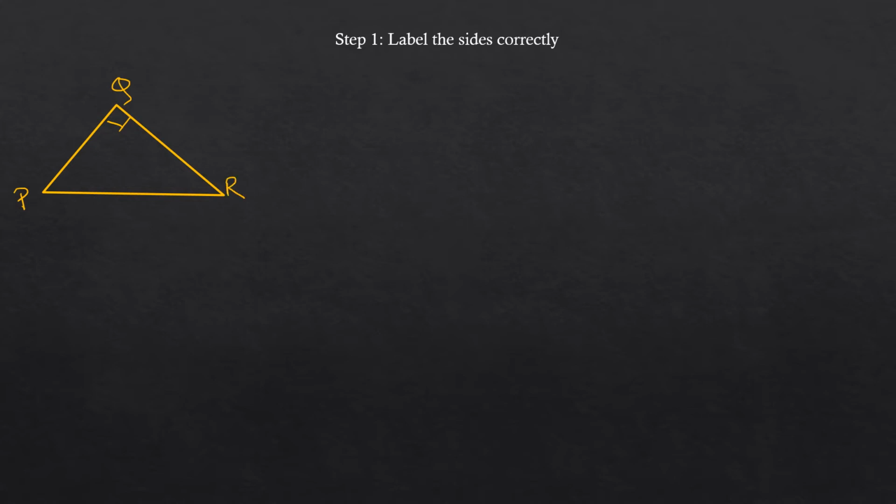You can see angle Q is our right angle, and if you just draw an arrow, PR is the one that is facing right opposite to angle Q. So our hypotenuse is PR.